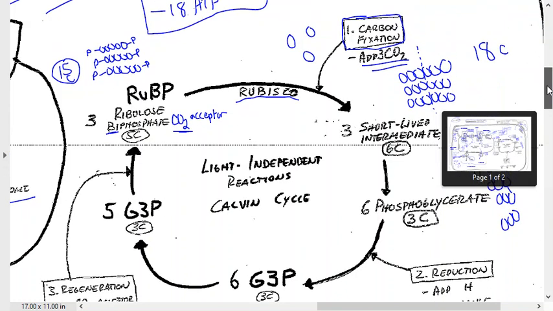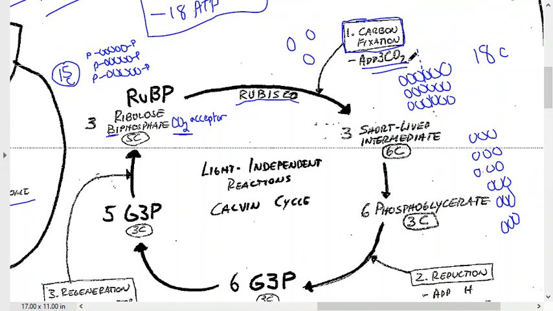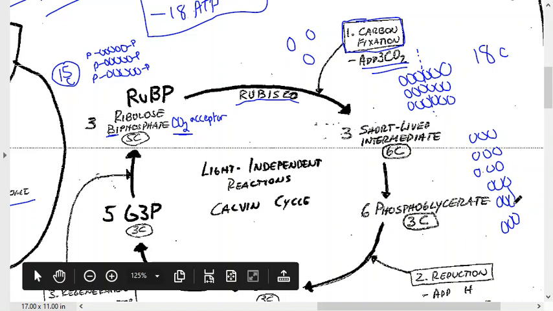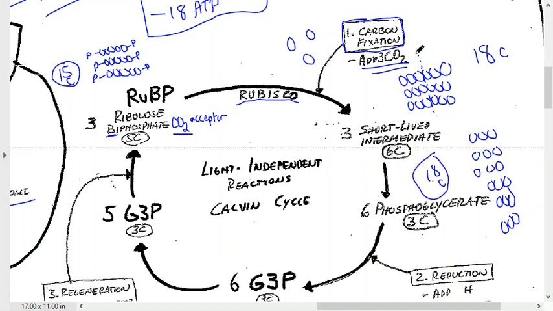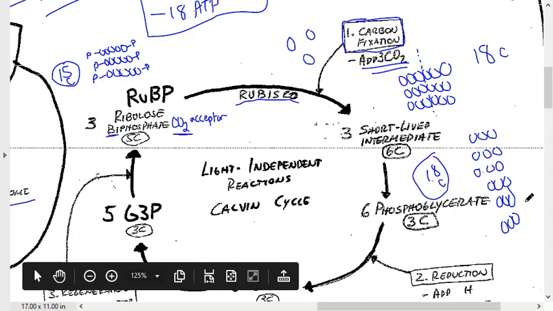And remember, if you're color coding the CO2s, maybe this one is red, it came from a CO2, and this one is red, and this one is red. So we're not getting rid of any carbons here. We still have a grand total of 18 carbons, but because we split each of the ribulose biphosphates, they're now rearranged into 3-carbon molecules, and you get 6 of them.